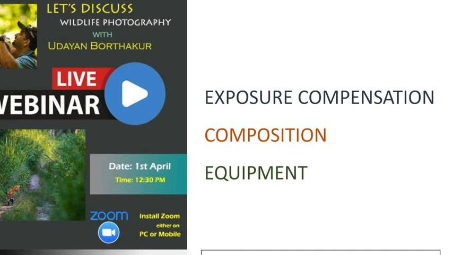Next question from Nayanjoti Das. Udanda, thanks for this beautiful session and also thanks to Nikon. What should be the autofocus mode and other related settings during shooting of a bird in flight? Because most of the time we miss focus. Yeah. So I think you can try the group area focus and try back button focus, try shooting in AFC continuous mode, and try dynamic area or group area settings.